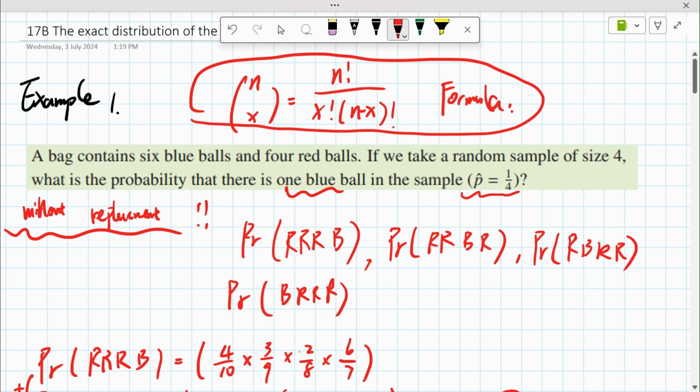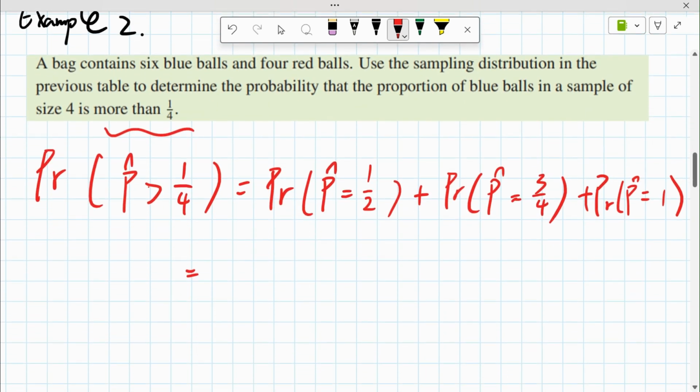we are choosing blue balls in the sample of size 4.